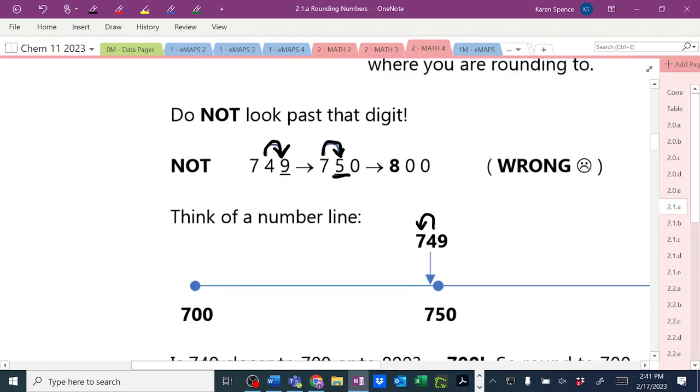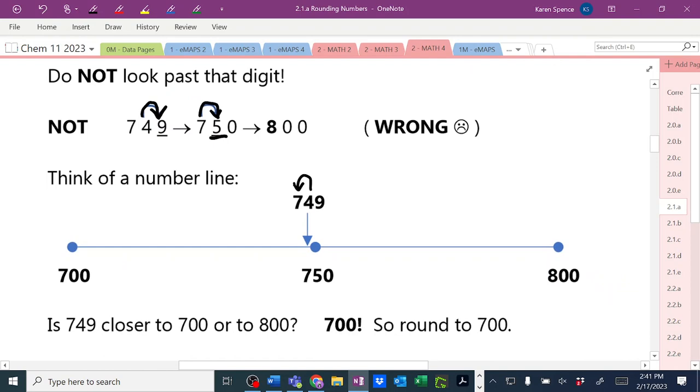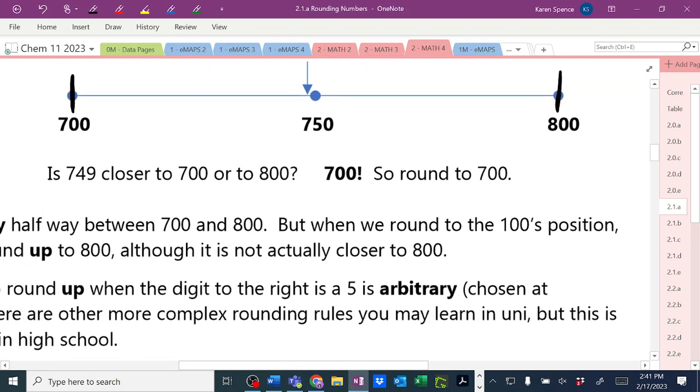And if you think about it, if I have 749, and we've got our number line between 700 and 800, is 749 closer to 700 or closer to 800? It's closer to 700. So that should make sense just from a number line perspective, okay? But in other words, do not double round. Only look to that single digit to the right. Don't look past that digit. Okay.